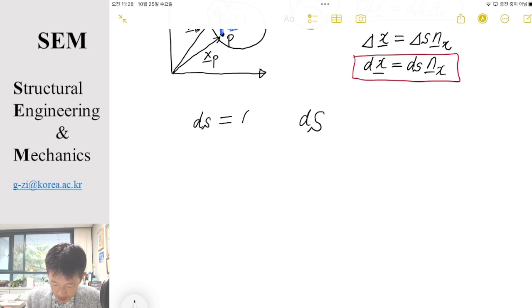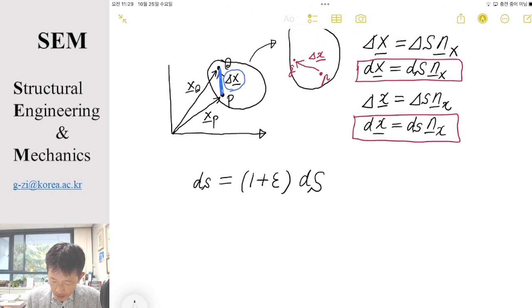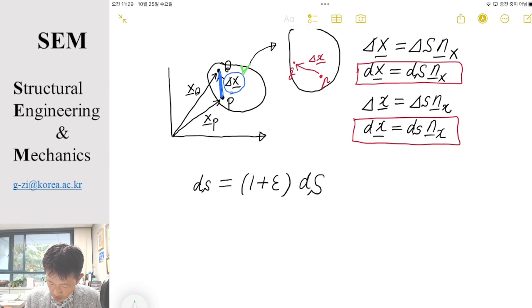Which means you can represent it by 1 plus epsilon. Here epsilon is the fraction of length change with respect to the initial length of the segment. And make sure that here we have two different vectors, before deformation and after deformation. Okay?